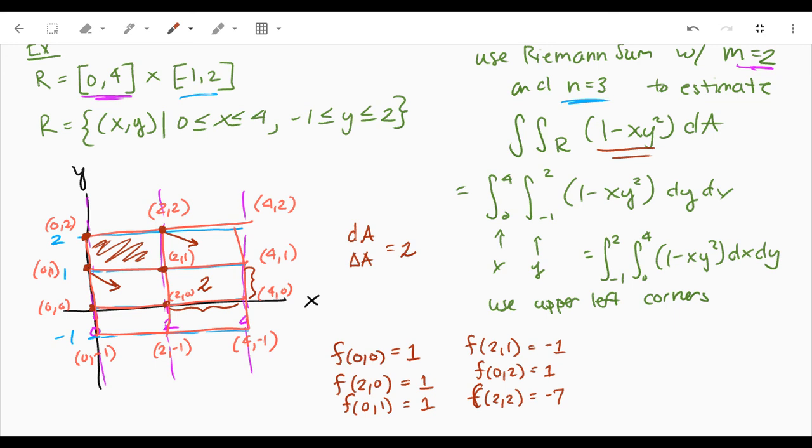All right, so that's the height of each of those 6 rectangular prisms. So we multiply each of them by 2. So we can also just do 2 times the sum of those. 1 plus 1 plus 1, plus -1 plus 1 minus 7. So we're going to have 2 times, is it -4?